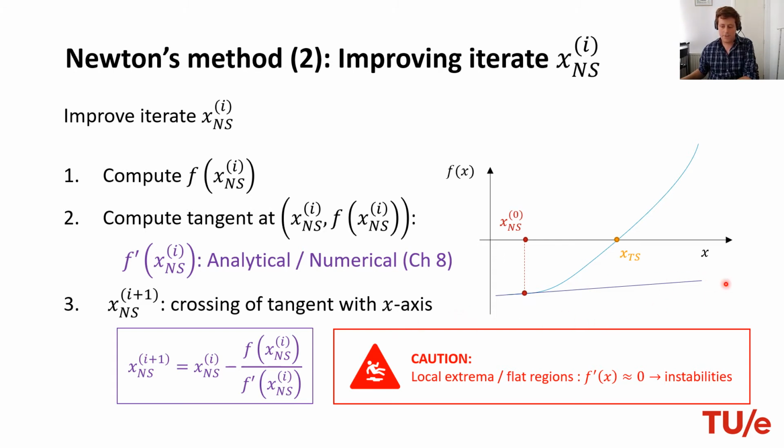And if we try to find where this would cross the x-axis, this is, well, very far away. And in this procedure, you can get really very far from the true solution in only a very small amount of iterations. And this is what can cause Newton's method to really diverge and blow up.